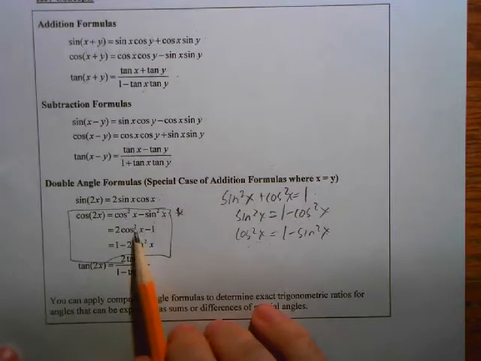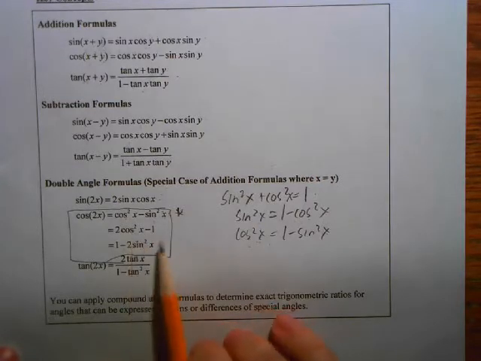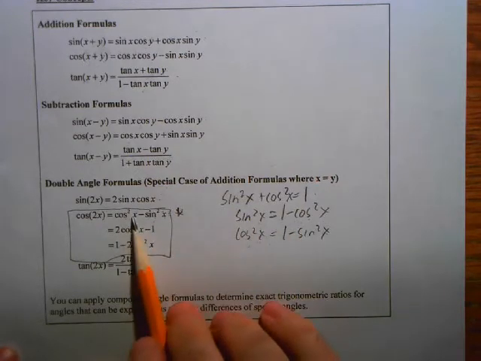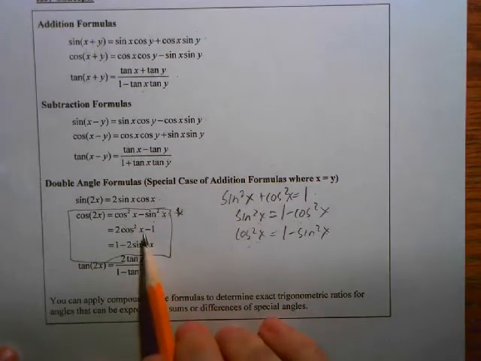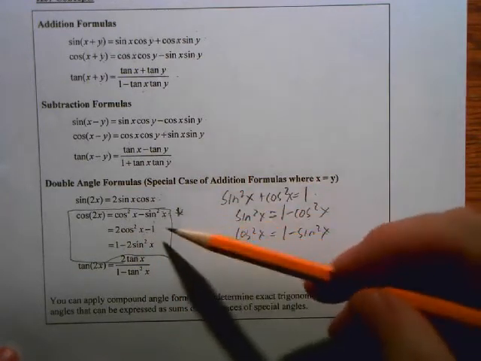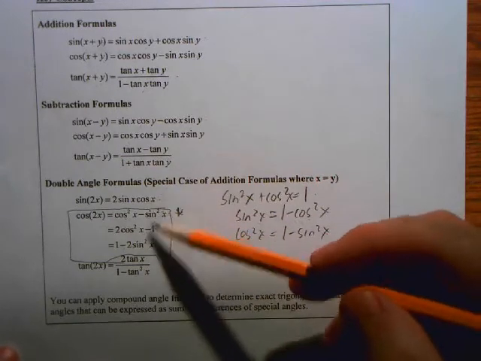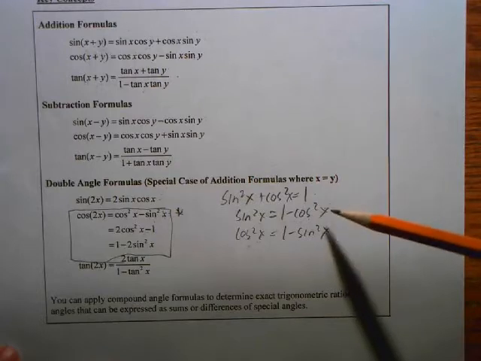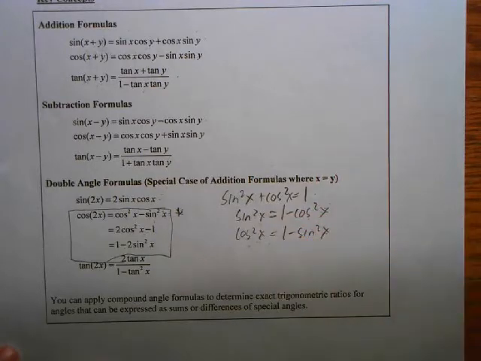And similarly, if I replace the sine squared x with 1 minus cos squared x, I'm going to get this second version here. So again, I wouldn't want you to memorize any of these, but you can definitely get them by substituting in for these isolated values here.